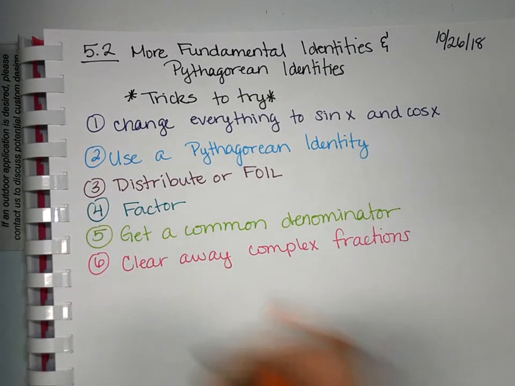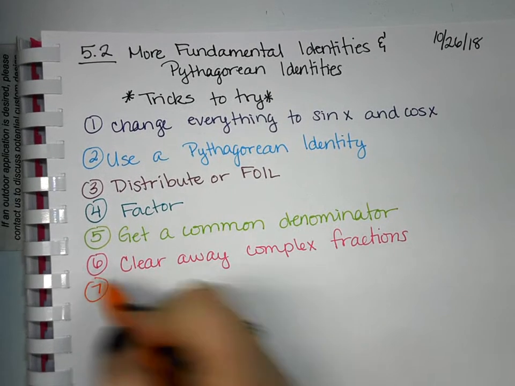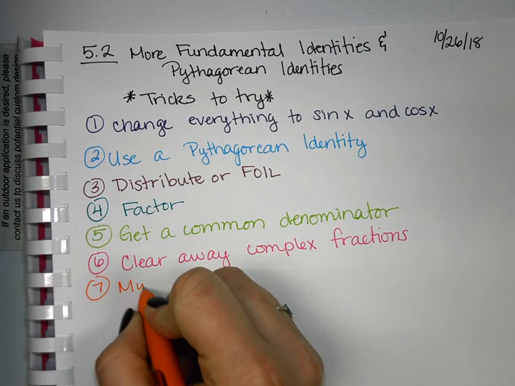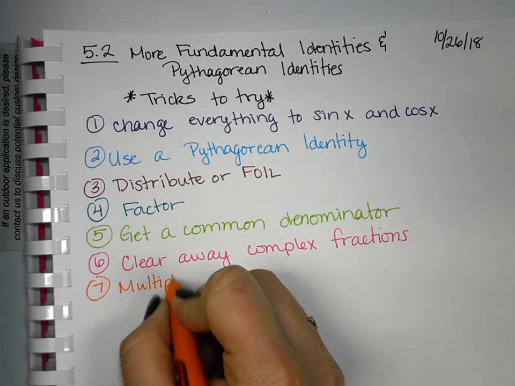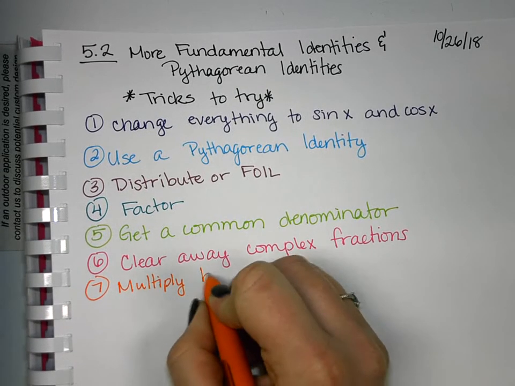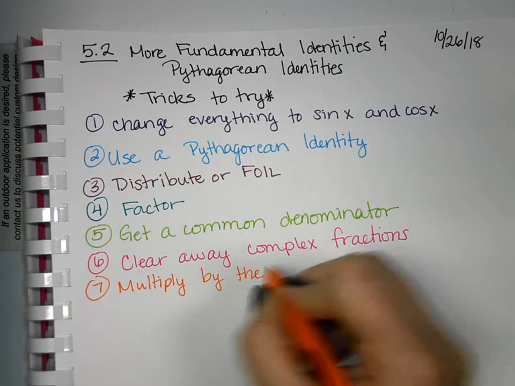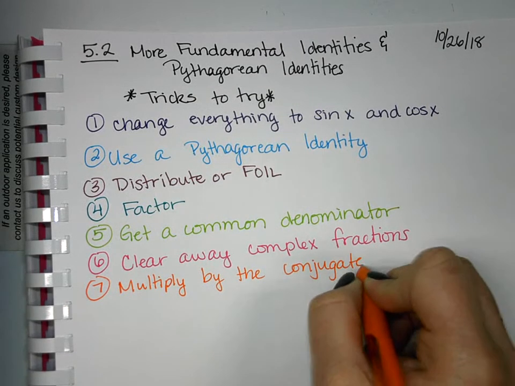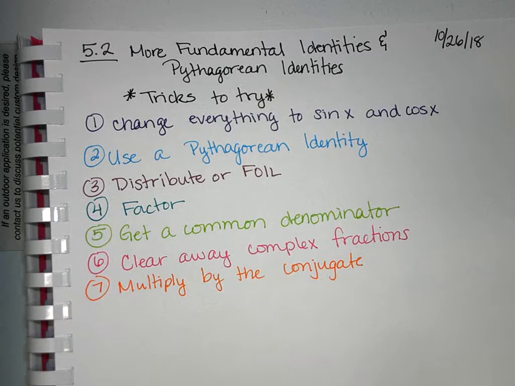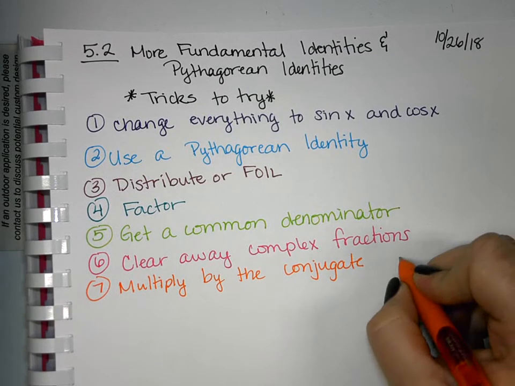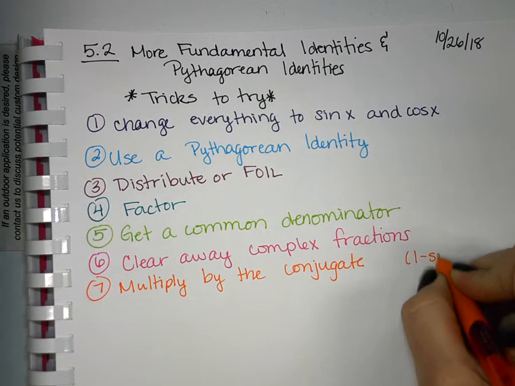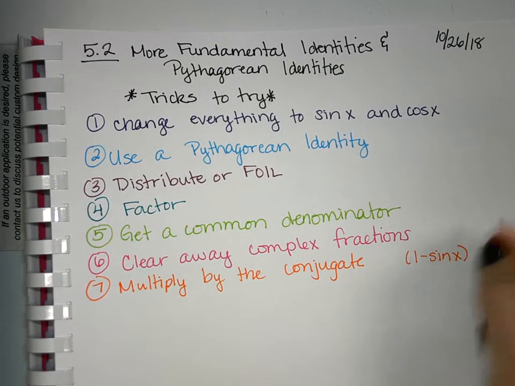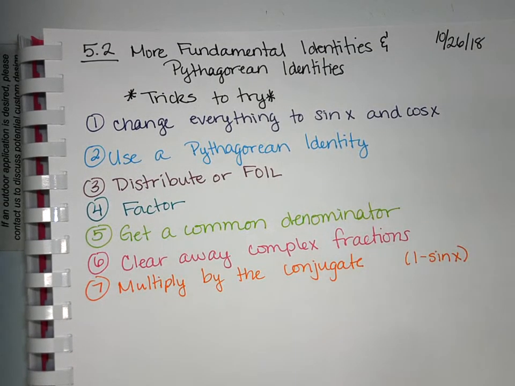And lastly, multiply by the conjugate. Okay, so when we multiply by the conjugate, a lot of times what that does, so if I had, let's say, a 1 minus sine x, if I were to multiply and again, remember, we have to do this with everything in the equation.